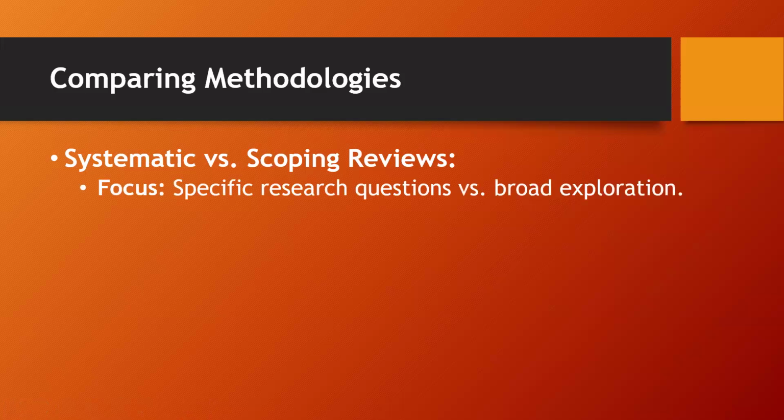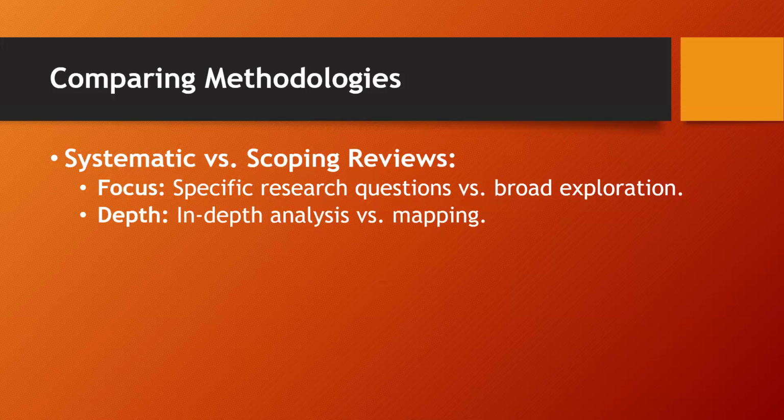So, systematic review versus the scoping review. If you want to focus on a specific research question, then it will be the systematic review. If you want to do a broad exploration, like you want to map out the key concepts and explore the broad topic, then it will be the scoping review. Another one is the depth.